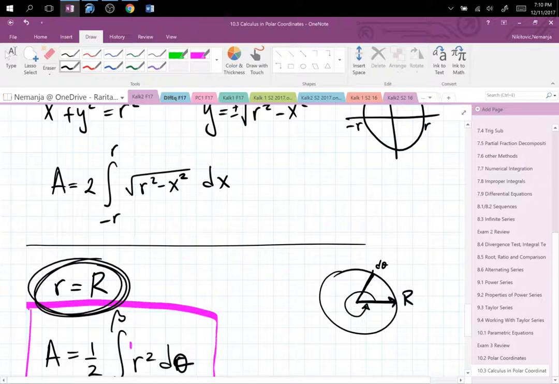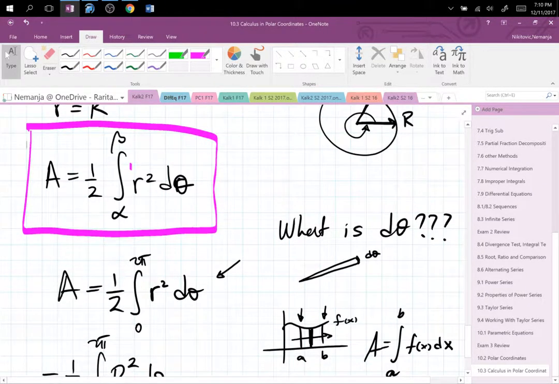Right, this is the easiest case. Circle is just a constant. Then we're going to do the sine thingy, and it's going to be different.